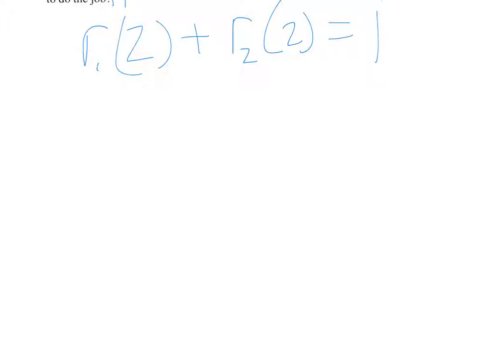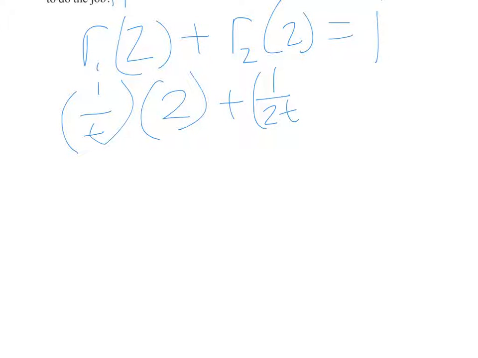So if we let the first printer's rate be equal to 1 over the time, it'd be 1 over the time times 2, plus, we said the second printer was only half as fast as the first, so it'd be 1 over 2t multiplied by 2.